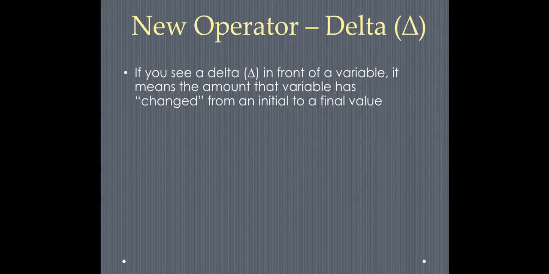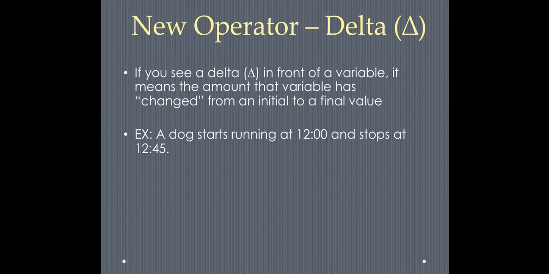So if I started my time at 0 seconds and then I took my time all the way to 10 seconds, if I wanted to find the delta t, or you can say change in time, what that means is I'm trying to find out how much time has passed during there. You're trying to figure out from the initial time, which was 0 seconds, to the final time, which was, what did I say, 10 seconds? And so how much time has passed there? 10 seconds.